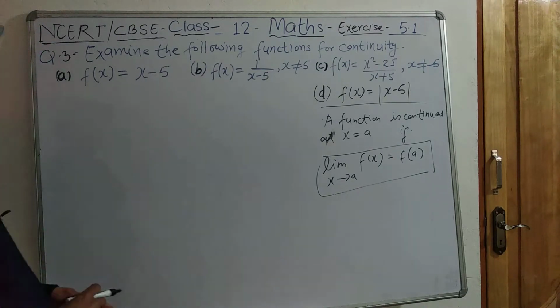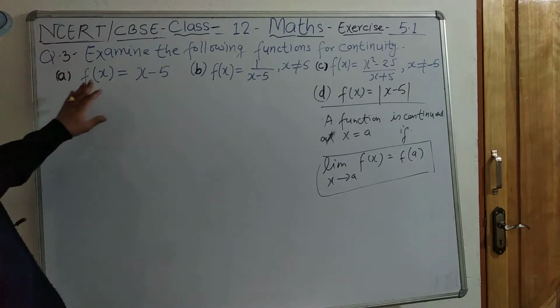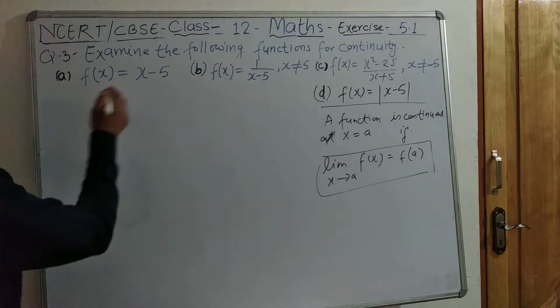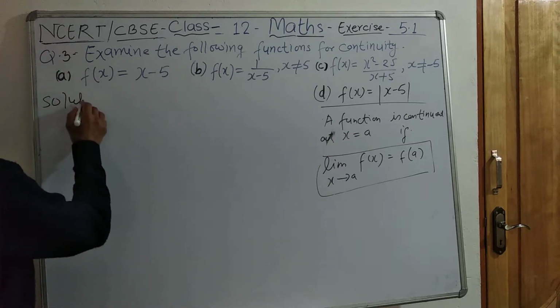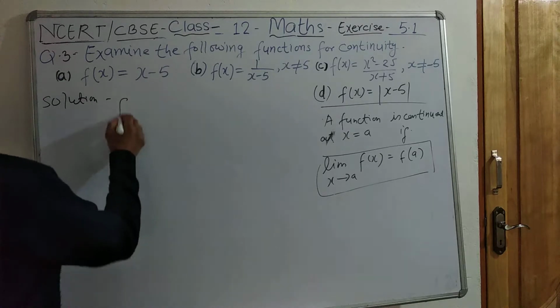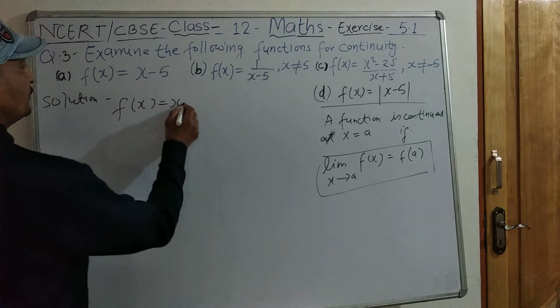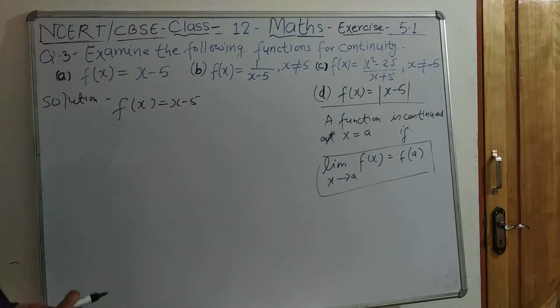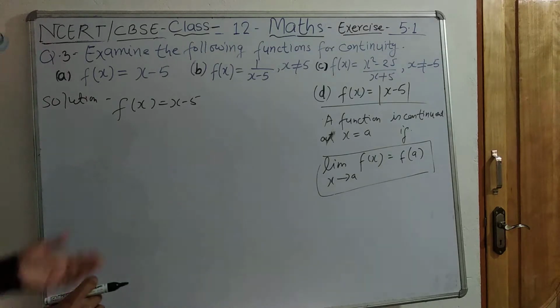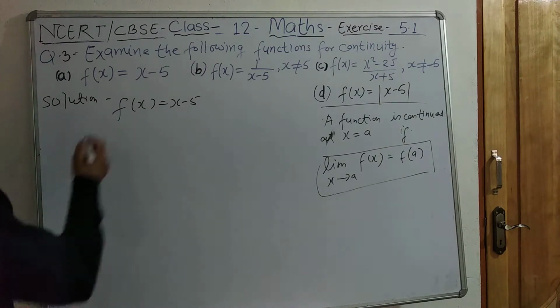So there is no point given here to check the continuity. Our given function is f(x) is equal to x minus 5. If there is no point, we can take any real number for ourselves.